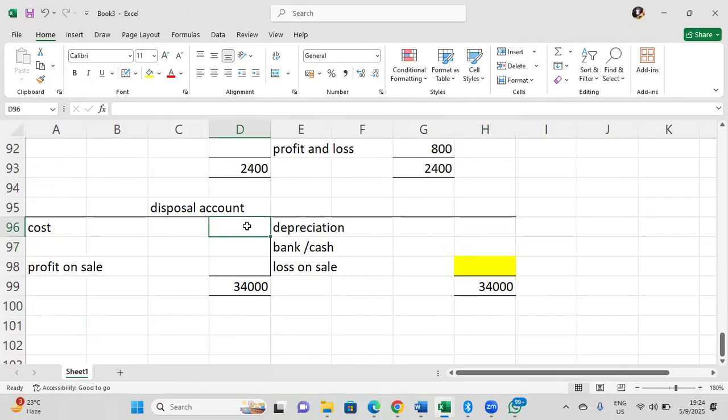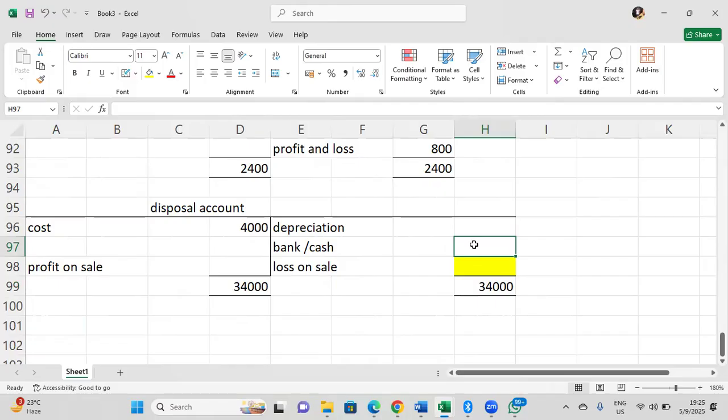Okay, so let's start with the cost. The cost is given as 4,000. Let's start with the easier ones. The asset we have sold was bought, and we have been dealing with it, at 4,000. Then the bank or cash, the money we sold it for.